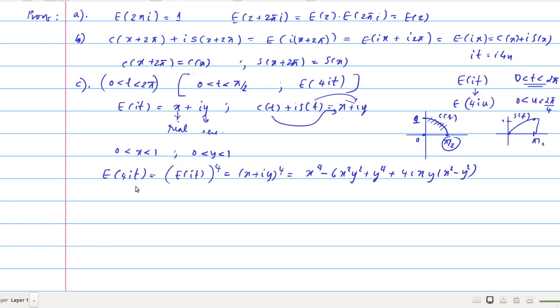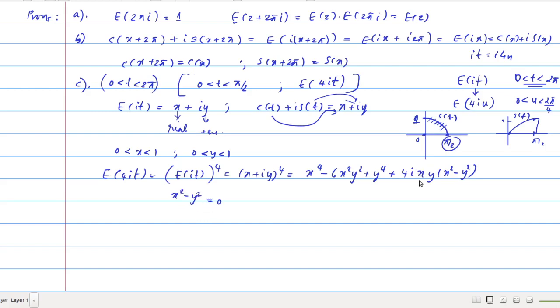So we are searching for t such that E of 4IT is equal to 1. That means this right side should be 1. That means the imaginary part should be 0, and this quantity is 1. So by equating the imaginary part equal to 0, you can get x y times x square minus y square equal to 0.